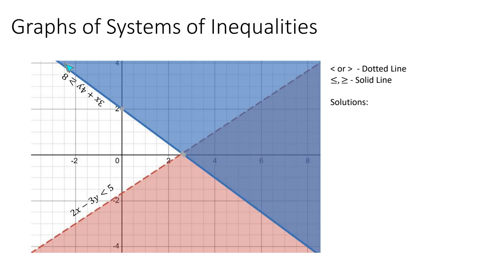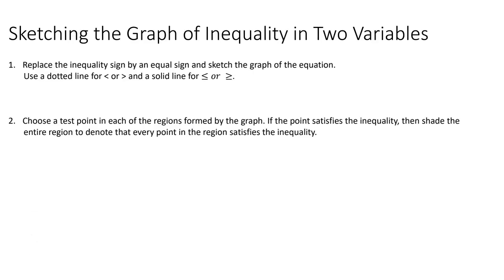For those inequalities, we're going to use a solid line. Everything that you see that is shaded are solutions to either one of the inequalities or to both inequalities. With the examples in a few minutes, our goal will be to graph these inequalities and find the solutions.